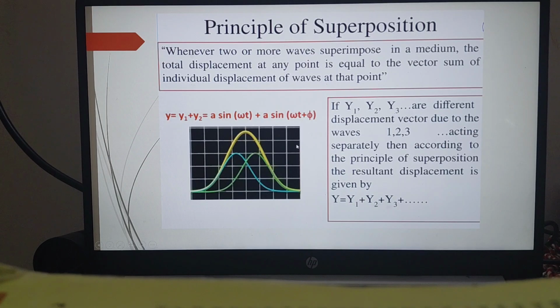If y1, y2, y3 are the different displacement vectors due to the waves, acting separately, then according to the principle of superposition the resultant displacement, the yellow wave here, is y equals y1 plus y2 plus y3, for however many waves we have. The resultant displacement will be the sum of all the displacements. This concept is known as the principle of superposition.